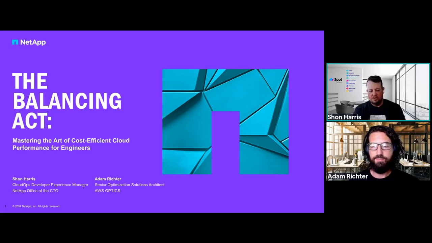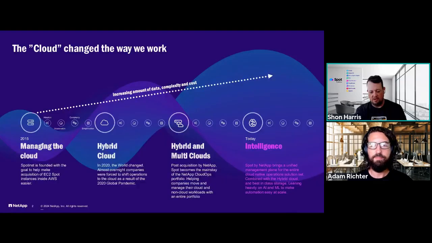So the reason we're here today is to talk about cost-efficient cloud performance and how it relates to FinOps. FinOps is a hot topic right now because the cloud has really changed the way that we work. We see an exponentially increasing amount of data, but with that increase of data comes complexity of your infrastructure and all the resources it takes to manage that data and the cost.